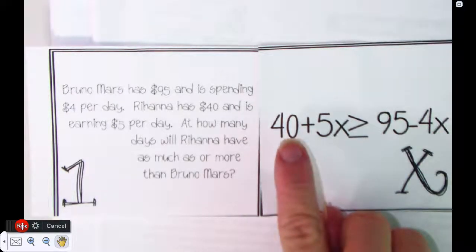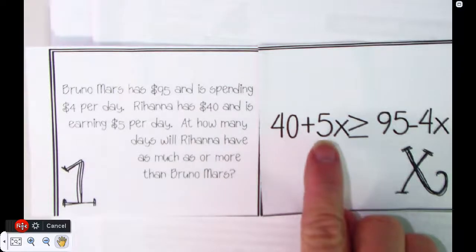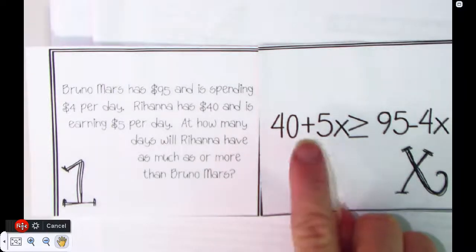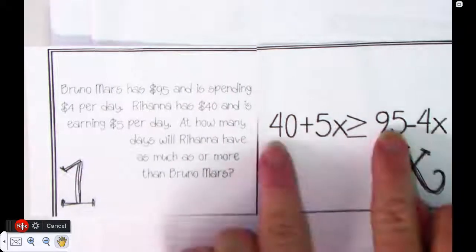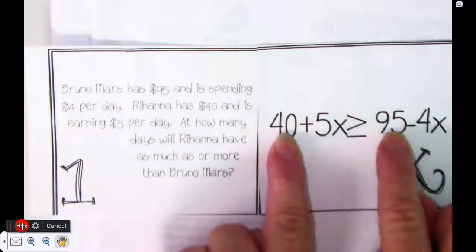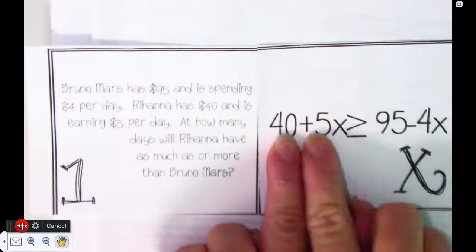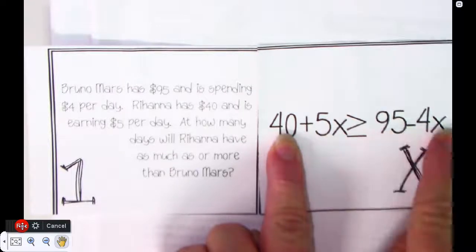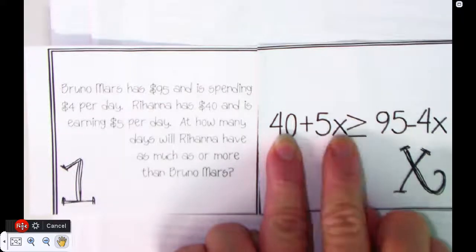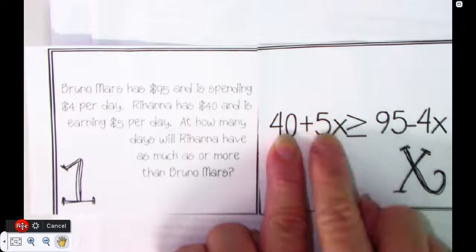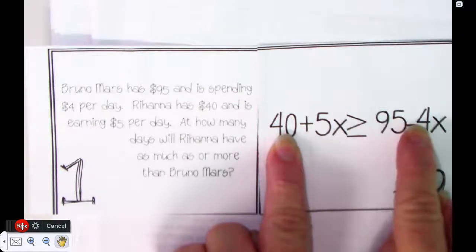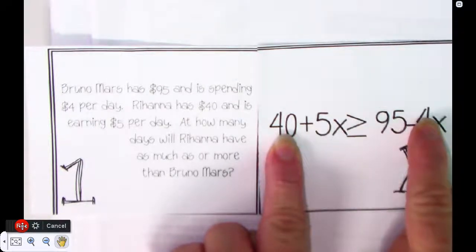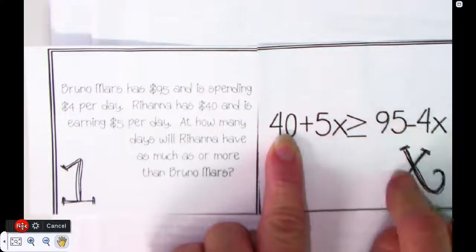She's got 40 and is earning $5 a day. So she's adding to hers. Now they start off, Rihanna has less money than Bruno. But she's going to be adding, he's going to be subtracting. So we want to know X, how many days it's going to take her to catch up to him or pass him up. That's why it's X.